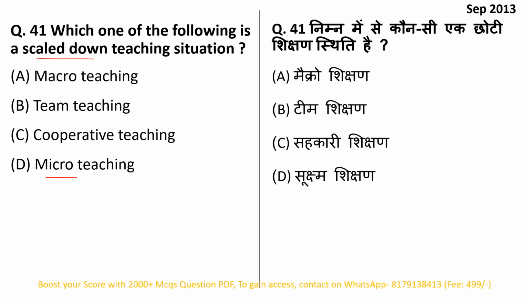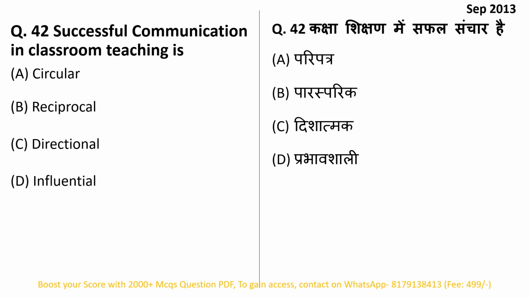While in micro teaching, the teacher divides the classroom into small groups for some time, and this technique is usually used in elementary school. The teacher usually rotates around the tables. Micro teaching is also known as scaled down teaching.